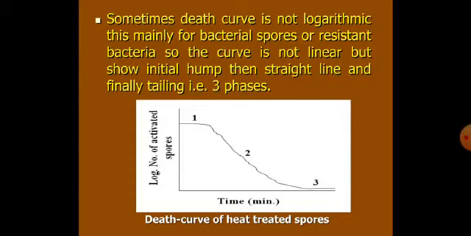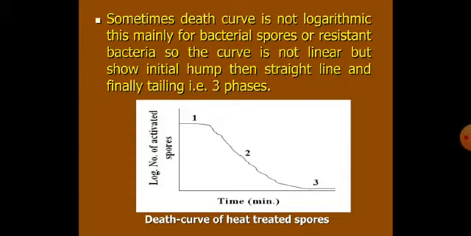The first part, which appears as an initial hump, is due to the heat activation of spores. That means if the organism contains spores, when these spores are exposed to heat, firstly they are converted to the vegetative form, and so the number of bacteria is increased, giving the initial hump.